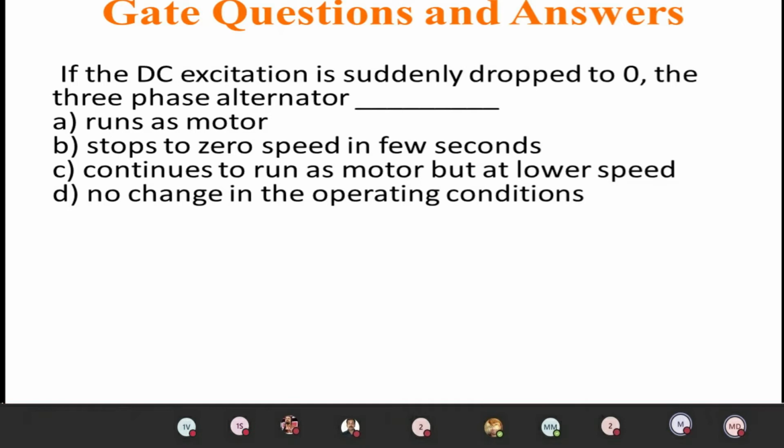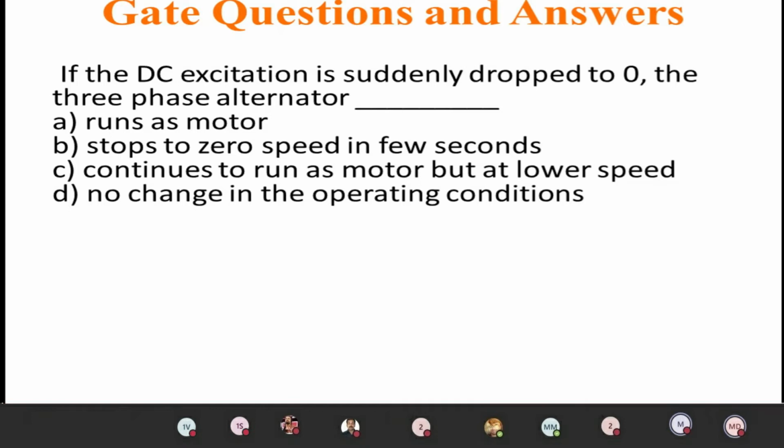The starting methods are a small DC motor, damper winding, a synchronous induction motor, and a pony motor. These methods bring the rotor of the synchronous motor up to the synchronous speed.